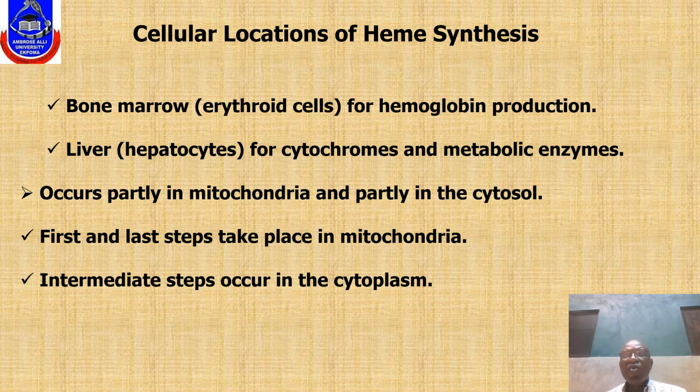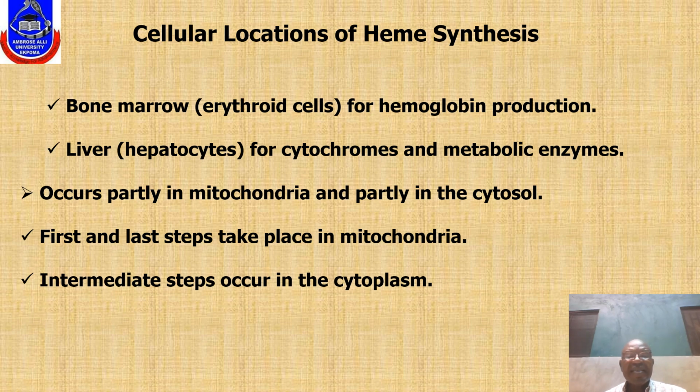Bone marrow for hemoglobin production, liver for cytochrome and metabolic enzymes, and the parts in which they occur are the mitochondria and partly in the cytosol.